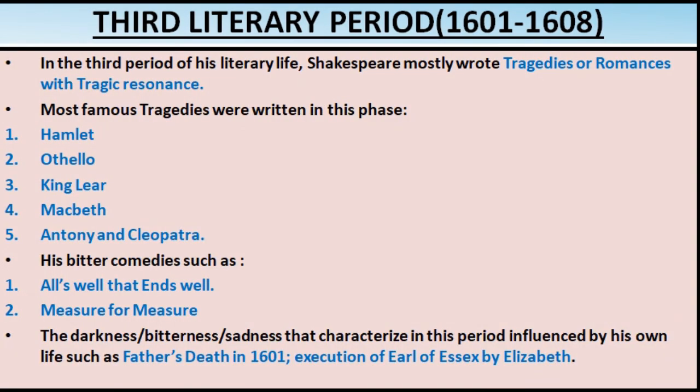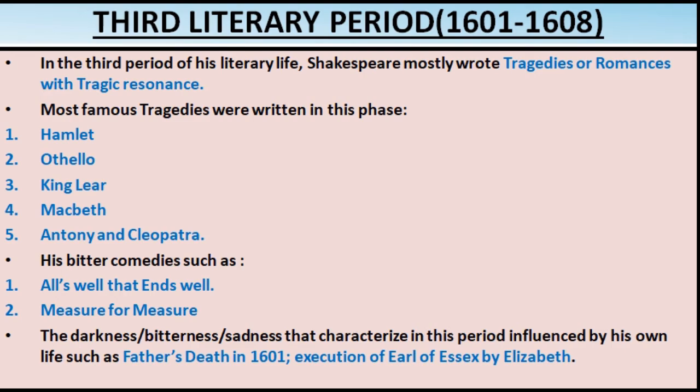Moving to the next literary period, the third literary period, the time span was 1601 to 1608. Important facts about the third literary period are: Shakespeare mostly wrote tragedies or romances with tragic resonance.